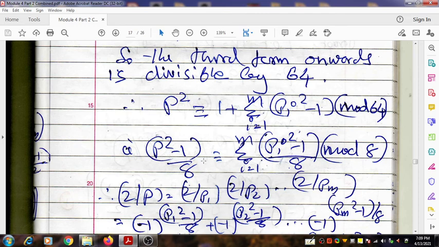Using the fact written here, you can write the summation from i equal to 1 to m of (p_i squared minus 1) by 8 as equal to 8k plus (p squared minus 1) by 8, because the difference of these two numbers is divisible by 8.